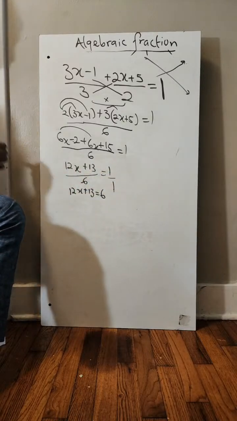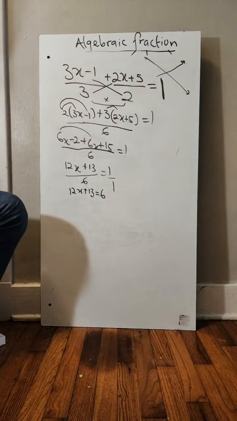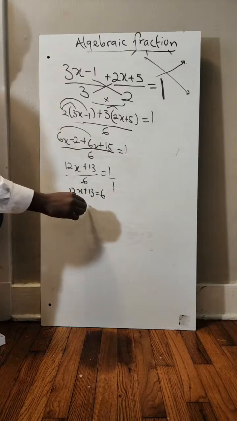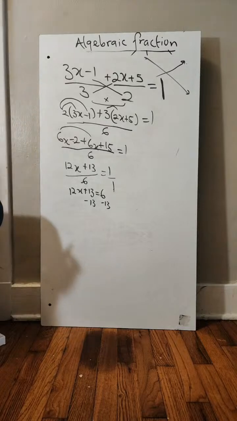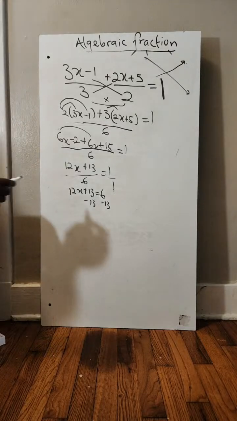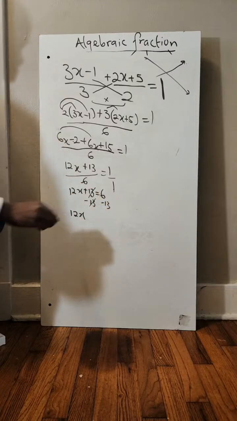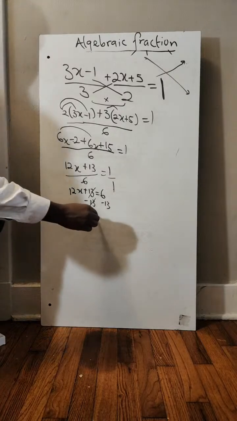Now, solving for x, you can watch my videos where I talked about how to solve for x when you have something like this. Add negative 13 to both sides. And here we have 12x. This is going to cancel out. 6 minus 13, we have negative 7.